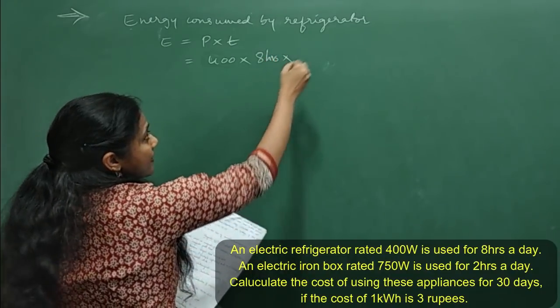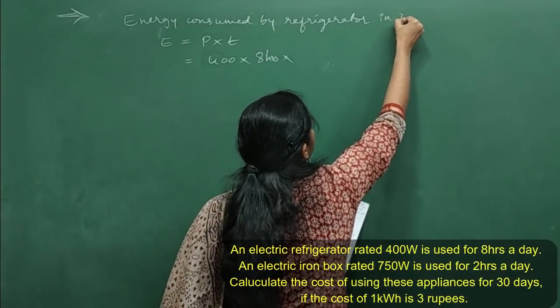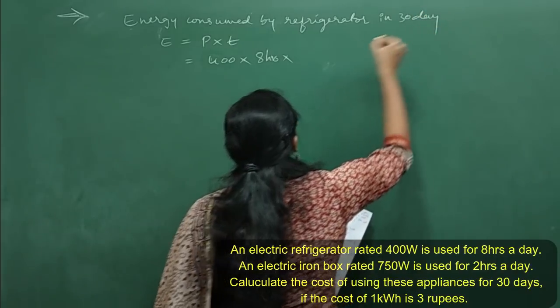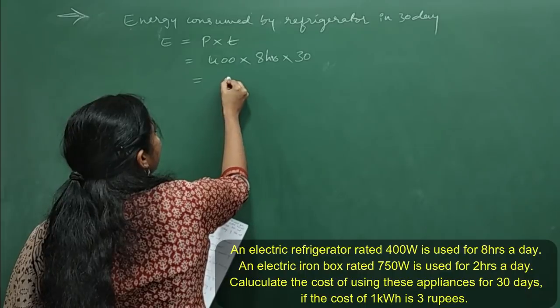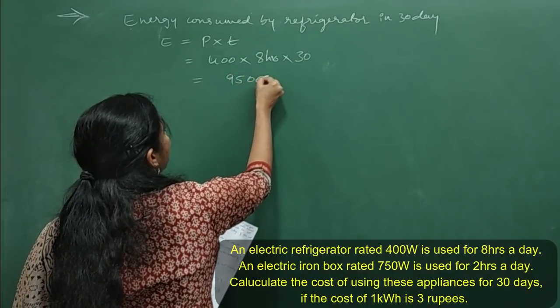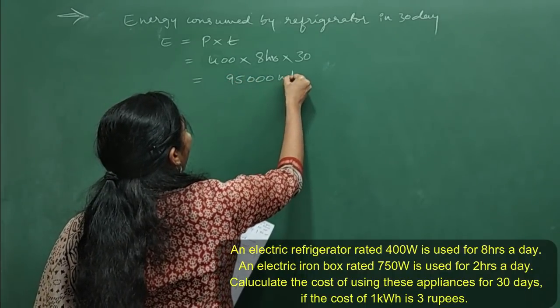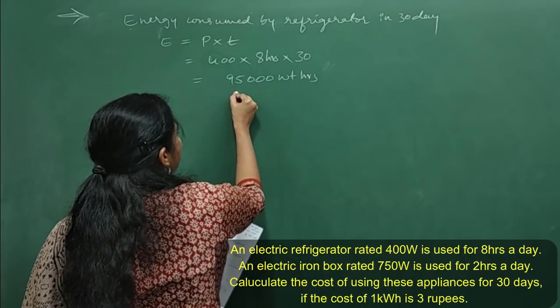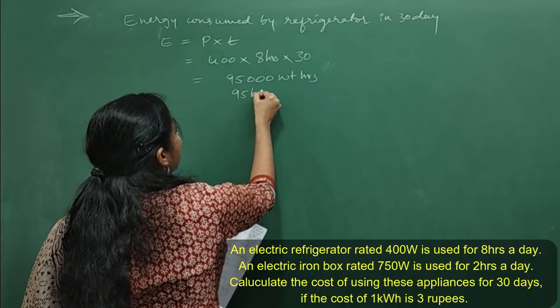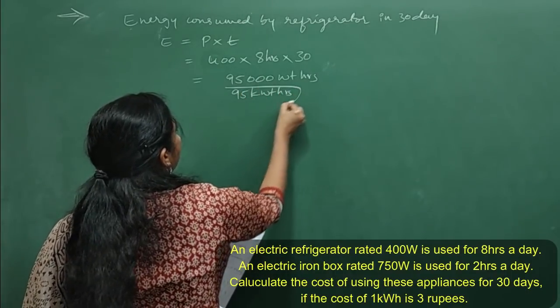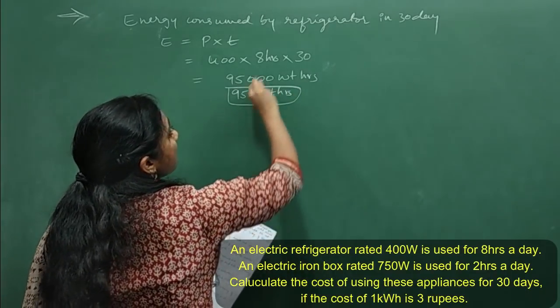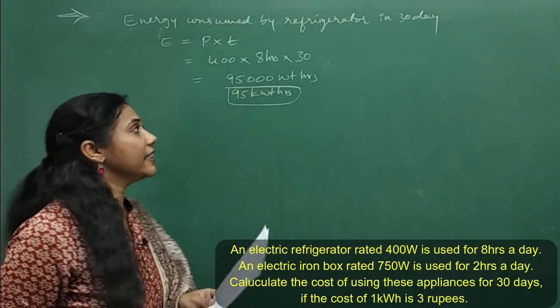And in how many days? 30 days, right? So in 30 days, in the sense 8 into 30. So you would be getting around 96,000 watt hours. So that means 96 kilowatt hours, right? So this is the energy consumption by refrigerator in 30 days.